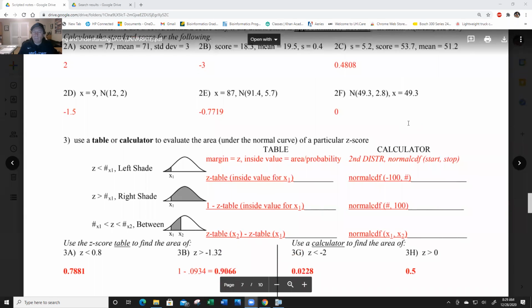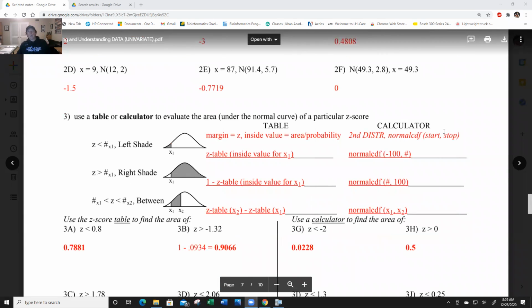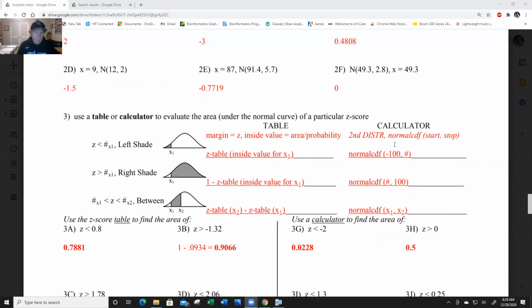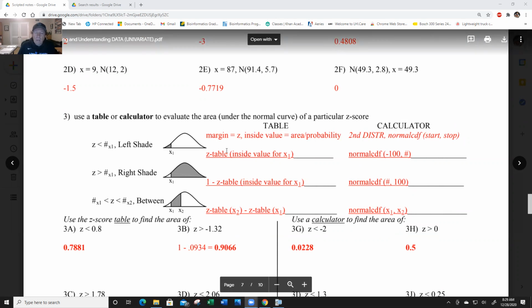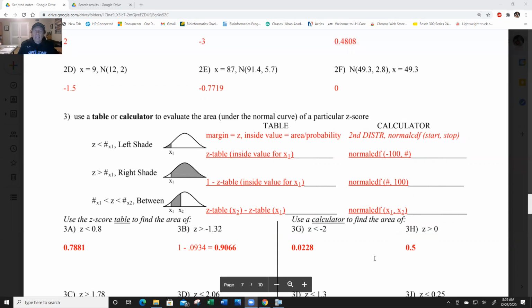Now I have a table located on our Google Classroom, and you'll have tables in your book too. I'm going to be using one from, I forget which book, but they're all pretty much the same. Again, you're going to want to write this down, but there are basically 3 different scenarios.